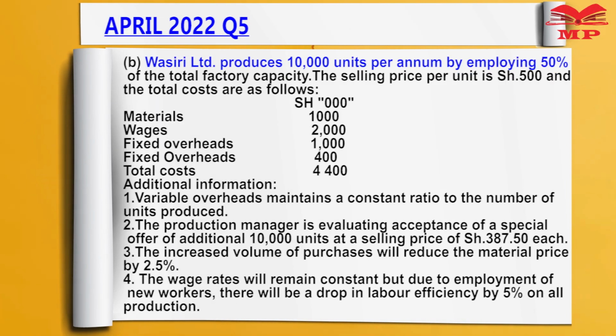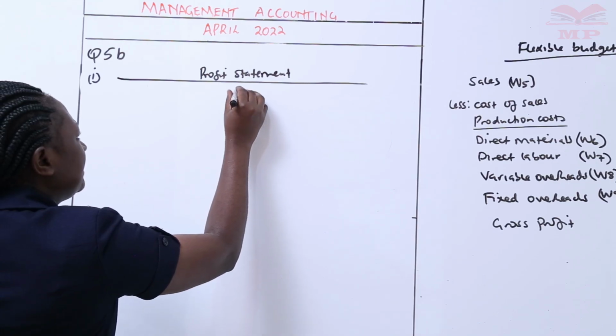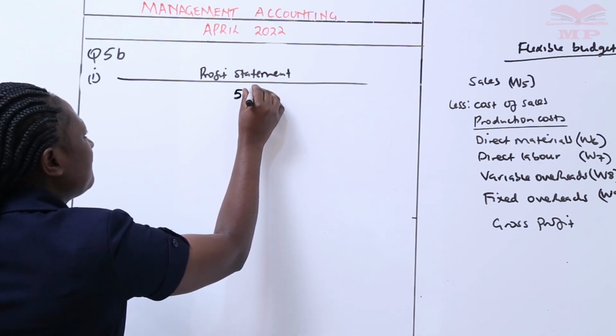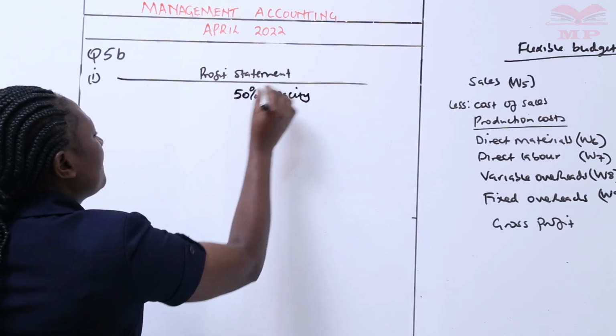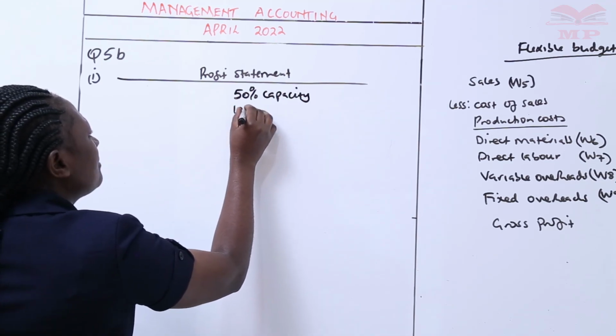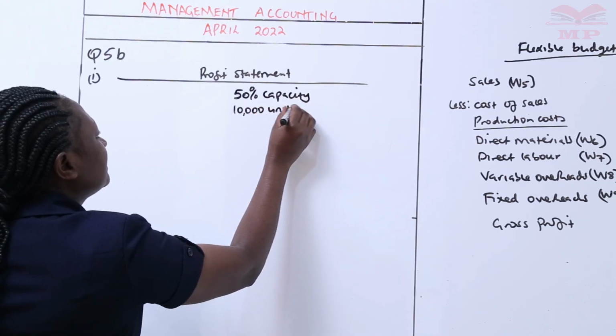So according to the question, we are told that the firm is producing at 10,000 units, which is representing 50% capacity. So we need to calculate the profitability of the firm at 50% capacity, which is representing 10,000 units.